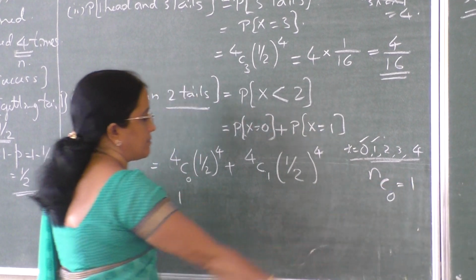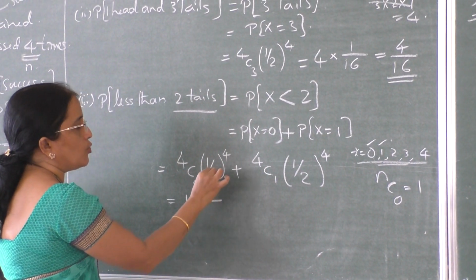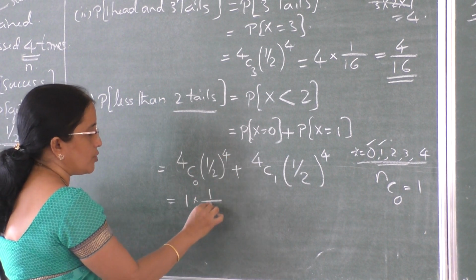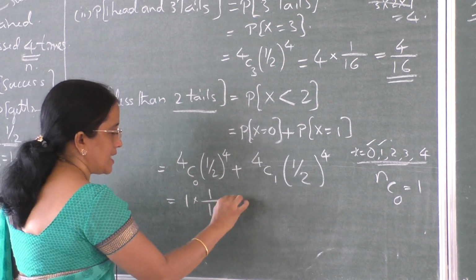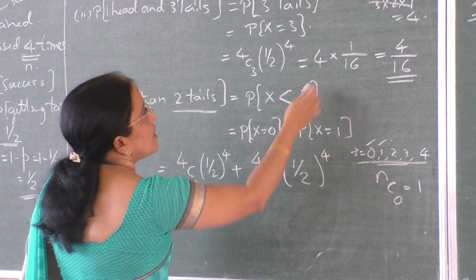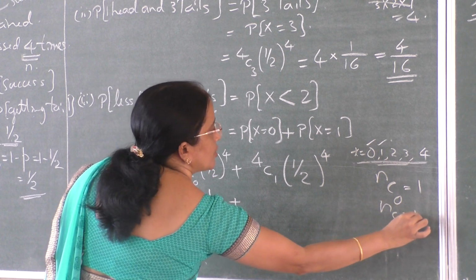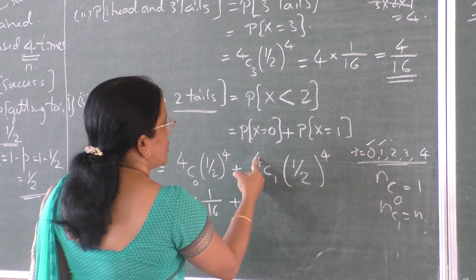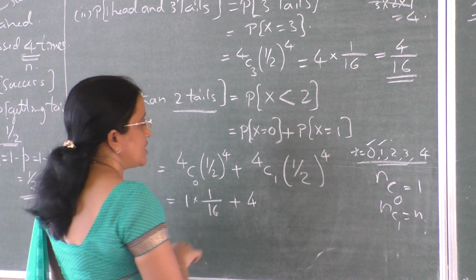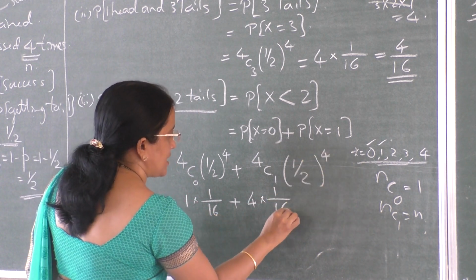Next (1/2) power 4, that is 1 by 2 power 4, which is 1 by 16, plus next 4C1. Already I have written nC1 equal to n. So here in place of n there is 4, so 4C1 is 4 into 1 by 2 power 4, 1 by 16.